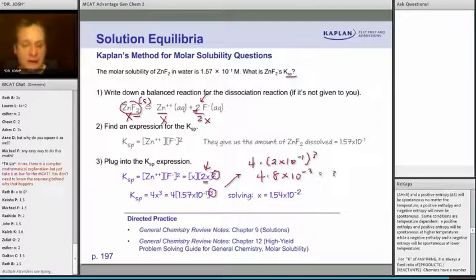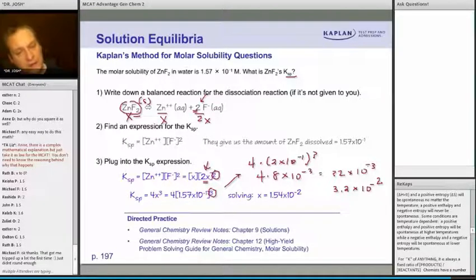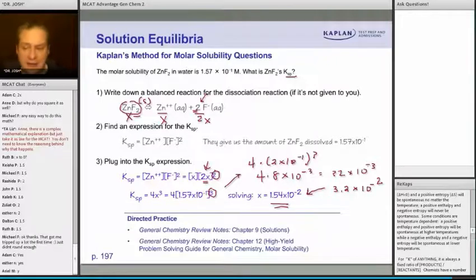And when you do that, you end up with 4 times 8 times 10 to the negative third, which gives you 32 times 10 to the negative third, which we can then substitute down to 3.2 times 10 to the negative second. So question, do you think that estimation will be close enough to get the right answer here?